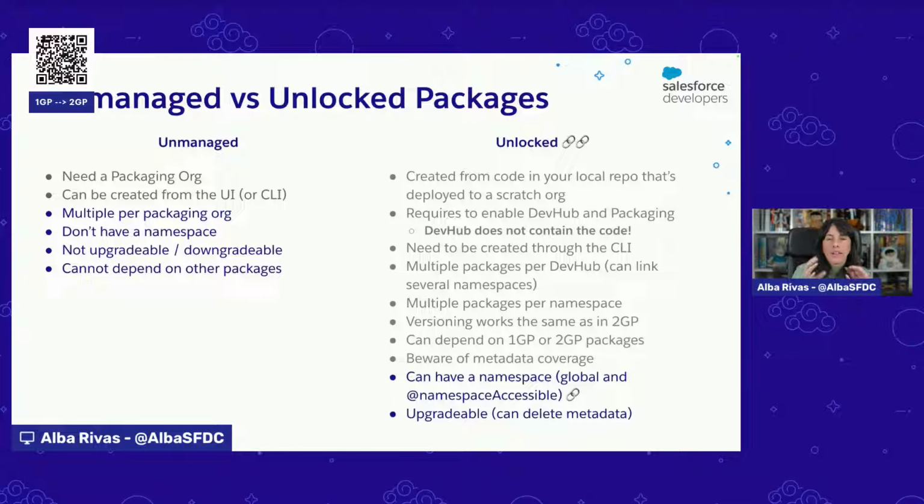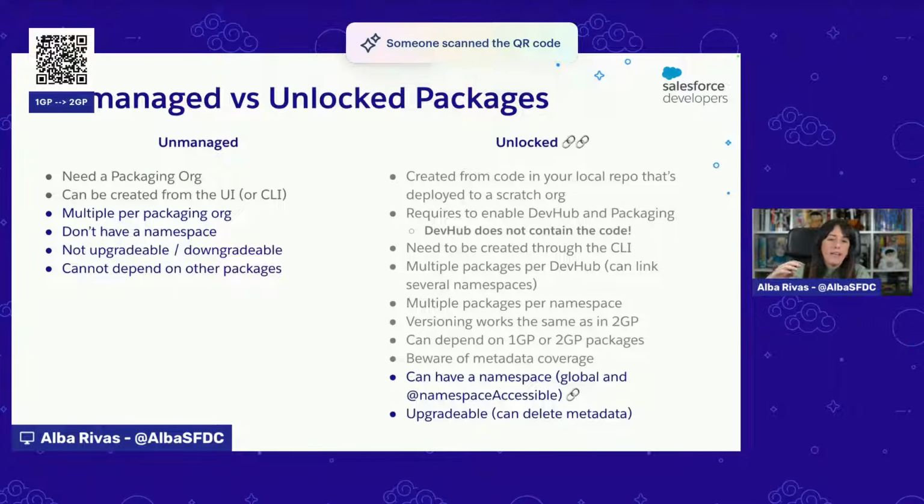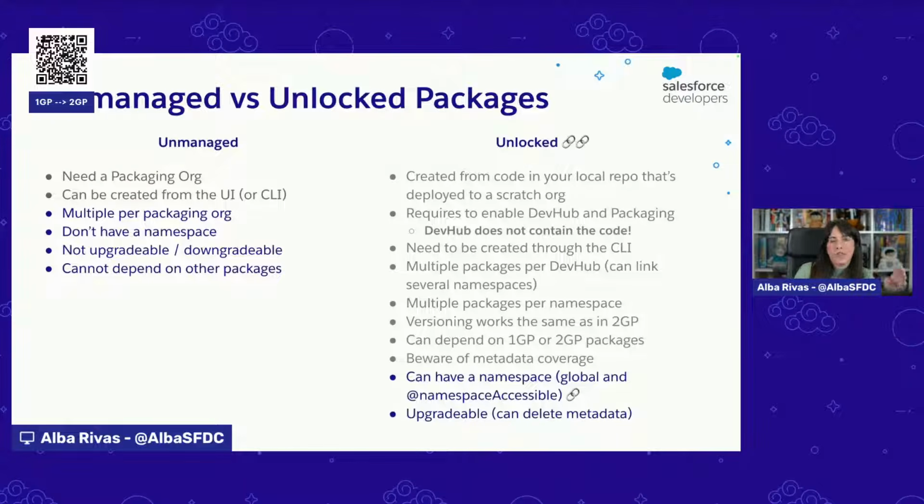Okay, this is something a little bit weird, but it is how it works. I've been told that it is because the Apex compiler looks for that annotation and it's disconnected from the whole managed, unmanaged, or unlocked package differentiation.